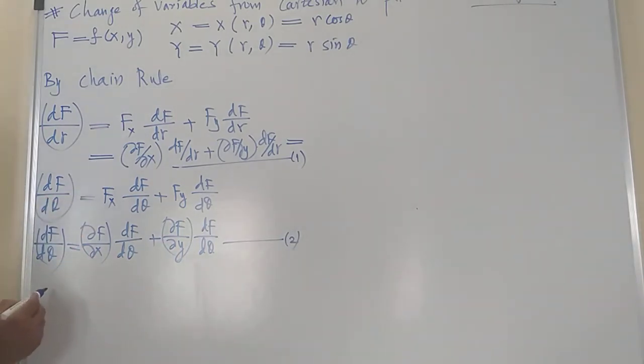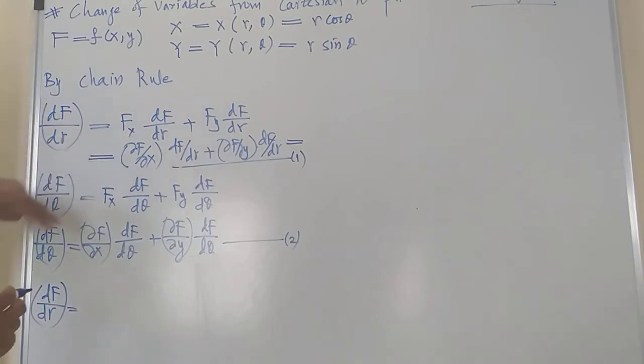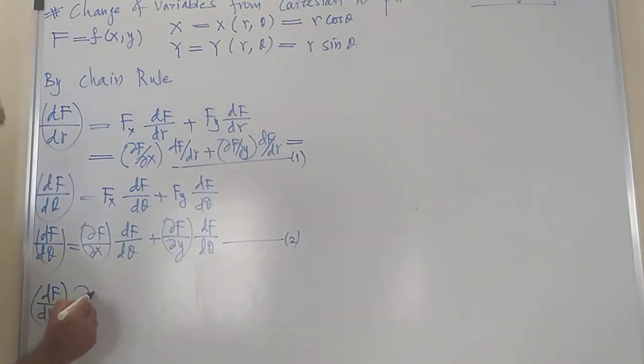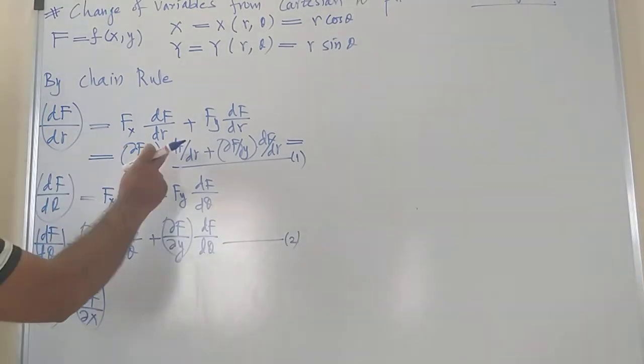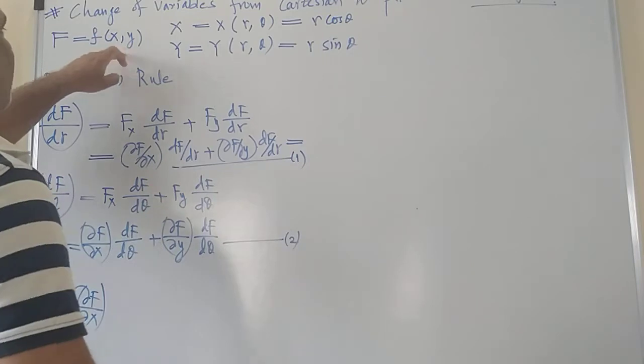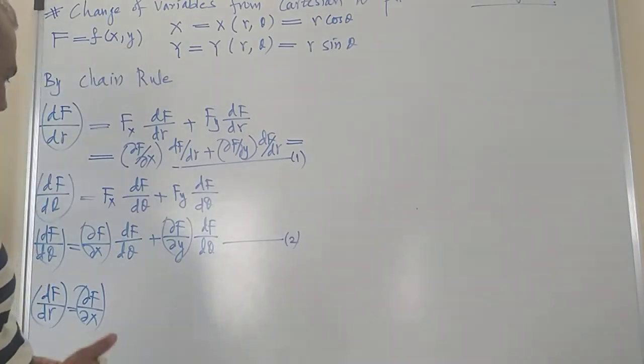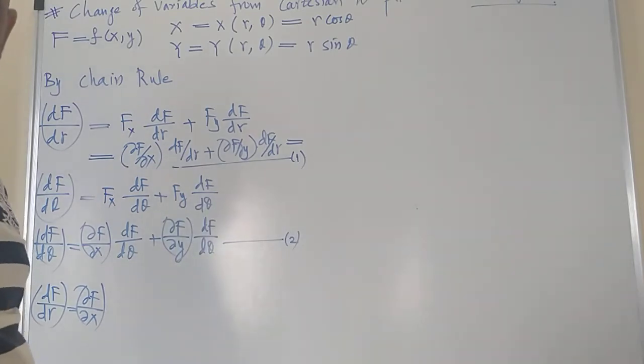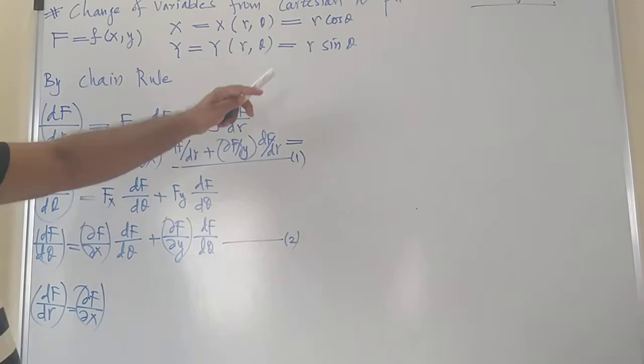So from equation number 1 you will get df by dr is equals to dou f by dou x into dx by dr. So differentiate this function with respect to r, and this dx by dr will give you what?